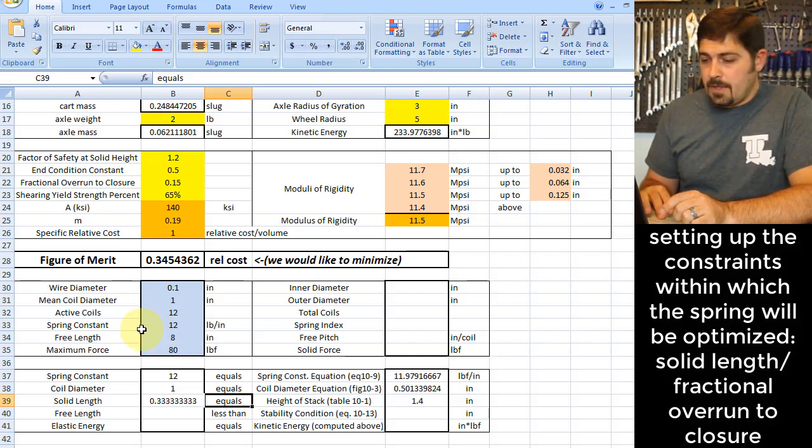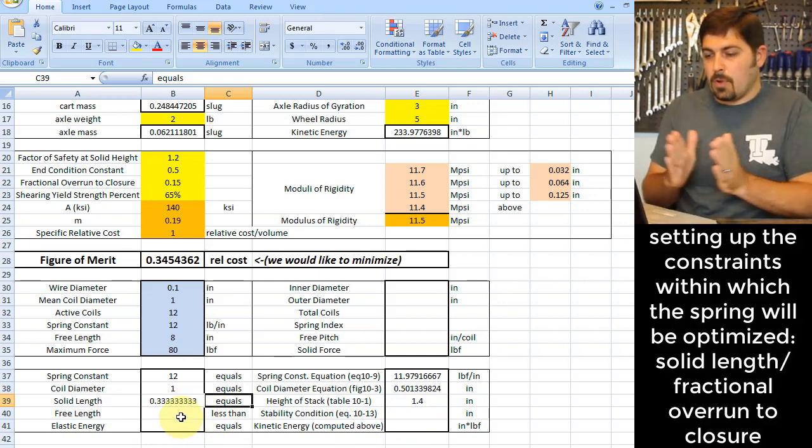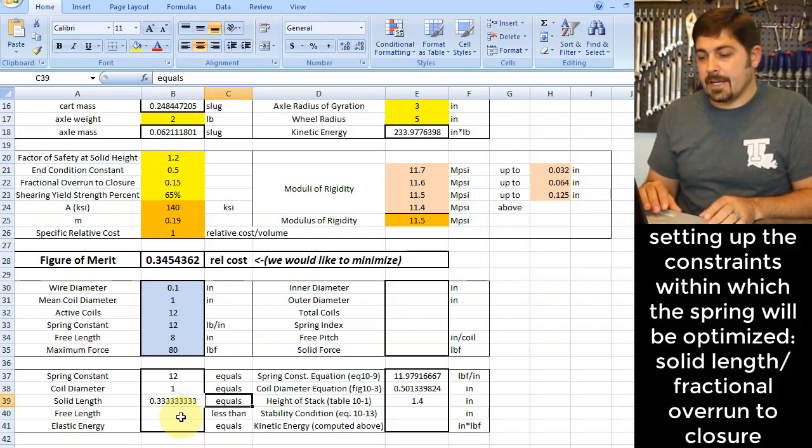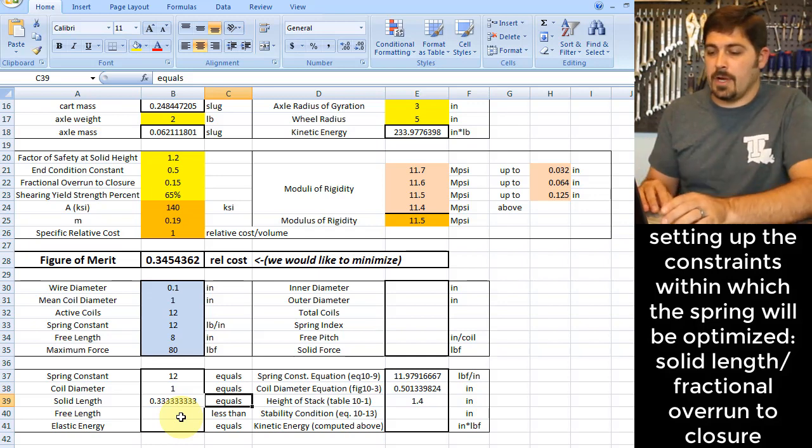So that's how we basically have a cell here that's one way of getting your solid length, and we're setting that equal to this other way of getting your solid length. All right. And essentially, that's how we're going to incorporate this idea of how long the spring might end up being. It's kind of how we get free length involved in the equations for this system.